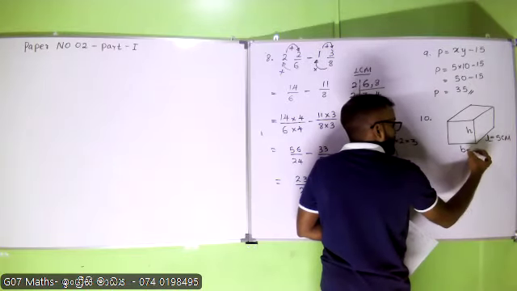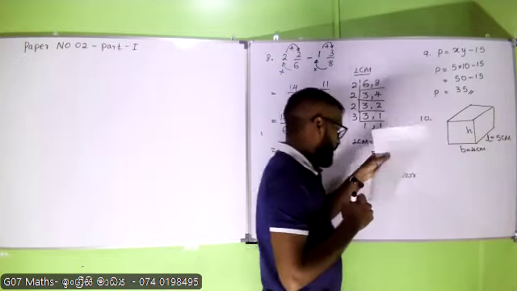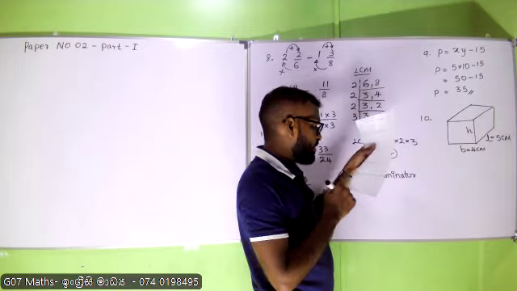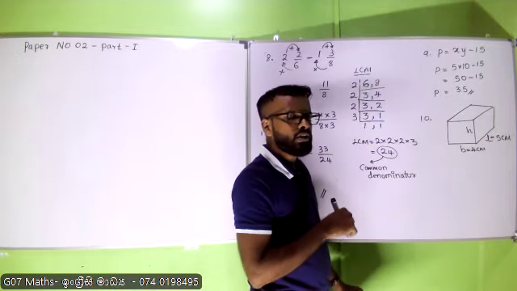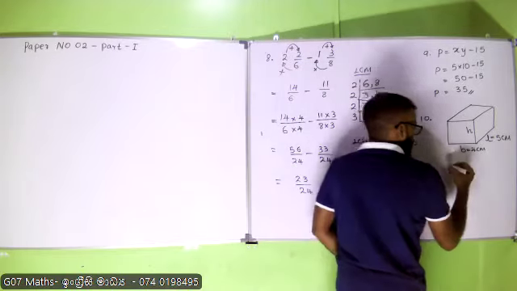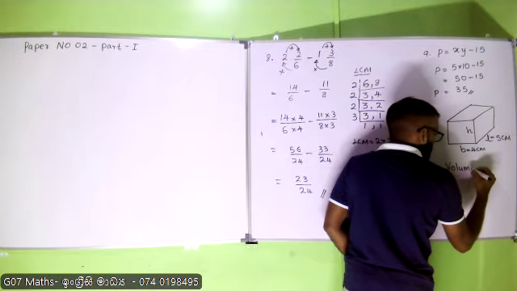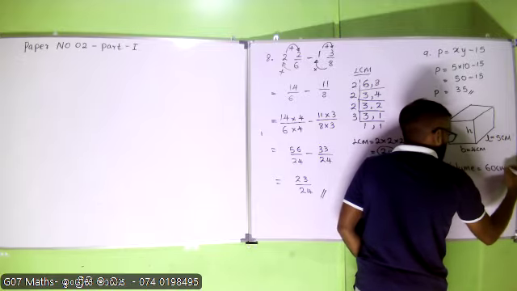Breadth is 4 centimeters. Height we have to find. We do not know what our height is, and volume has been given, 60 cubic centimeters. Volume of this cuboid can be written down as 60 cubic centimeters.